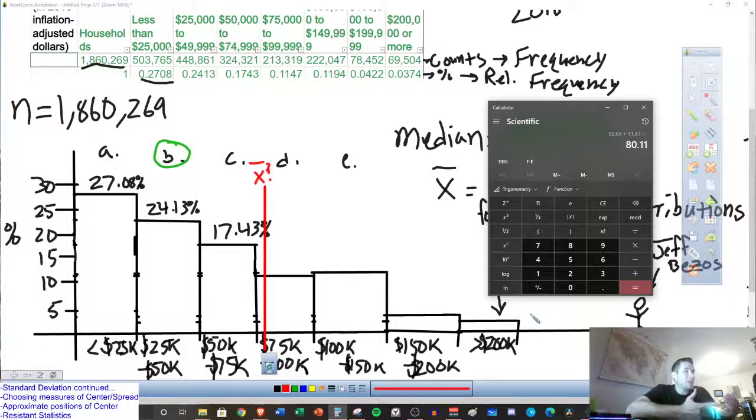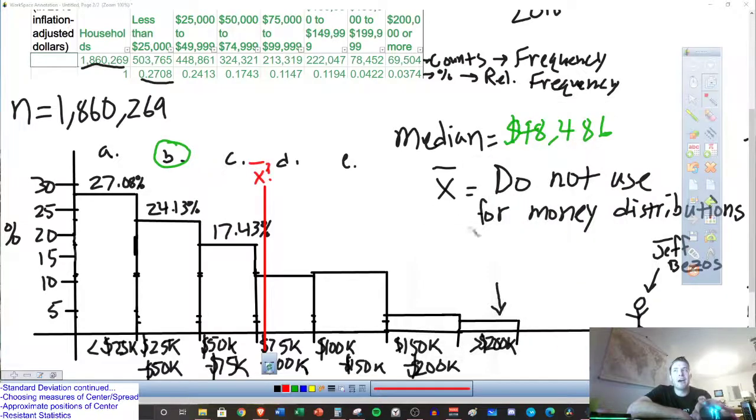And if you were expecting to be at a $1 million a year salary, $100,000 a year salary, whatever, it's rare. It's not easy to do. It's possible. It takes a lot of work, but this is just to inform you guys about that, but also talk a little bit about how to describe centers for these distributions.